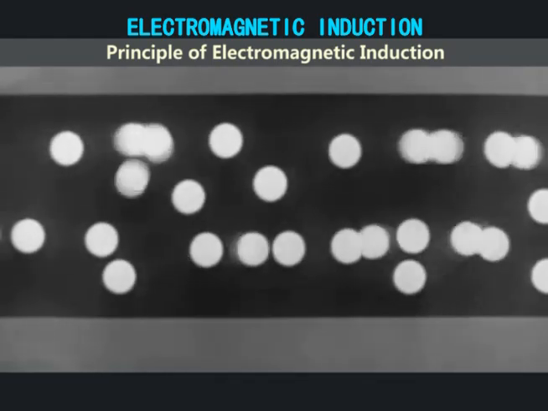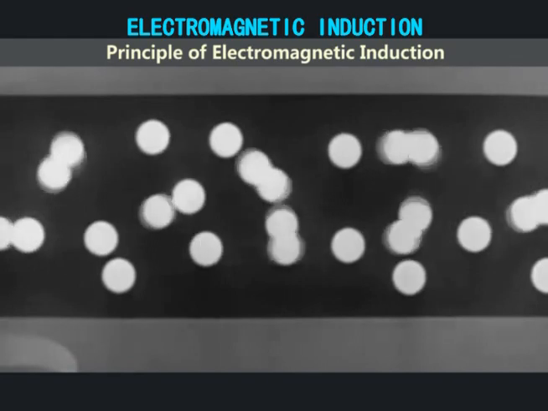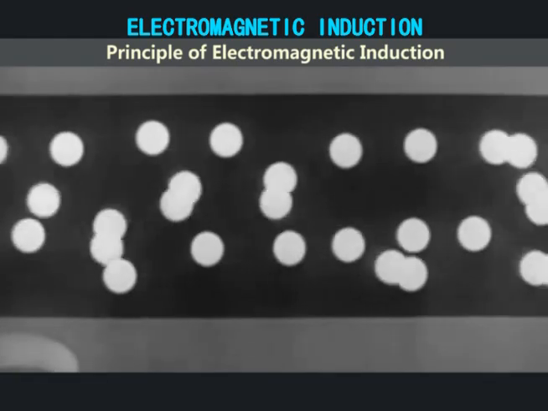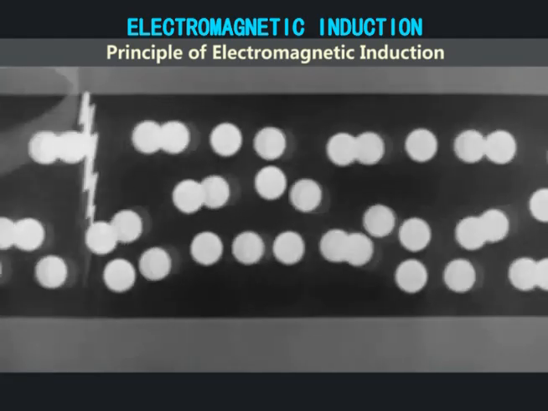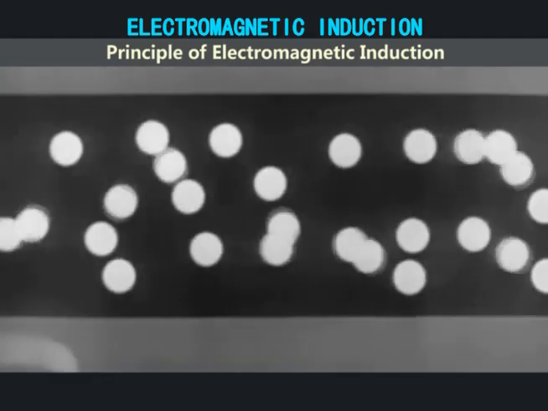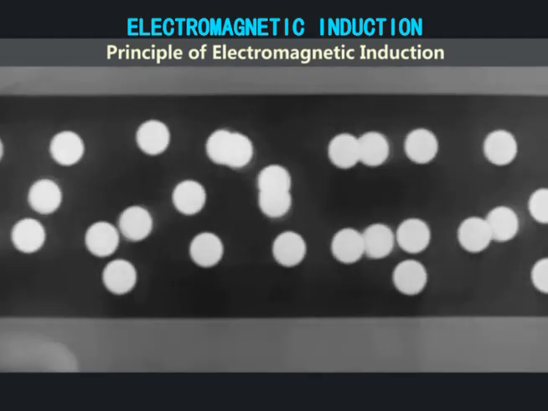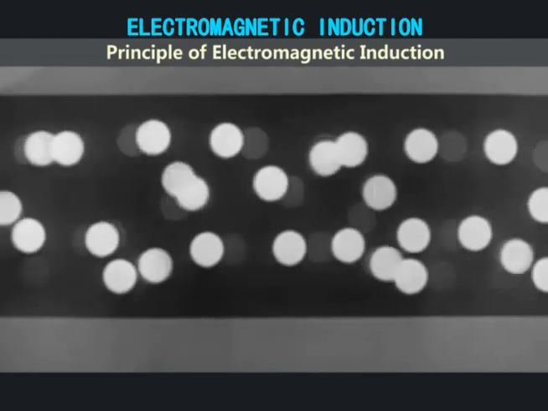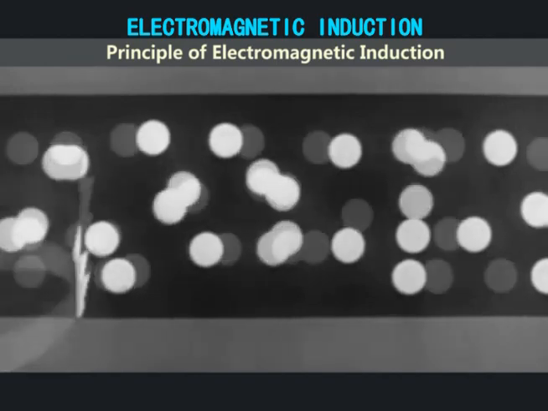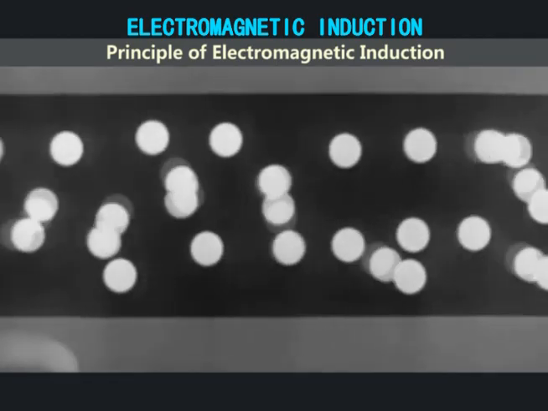When the magnetic field sweeps down across the conductor, electrons move in one direction. When the field sweeps up across the conductor, the electrons move in the opposite direction. This movement of electrons in either direction gives rise to an electric current flow.